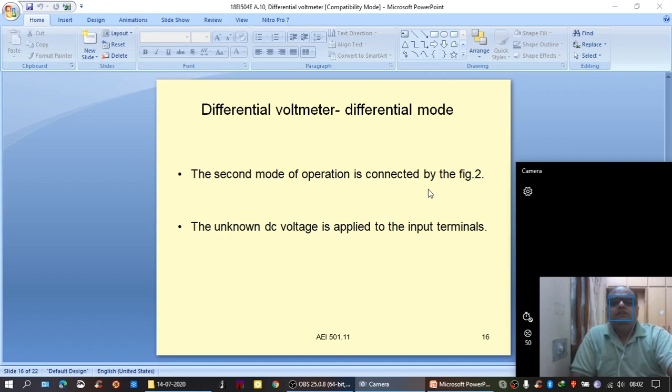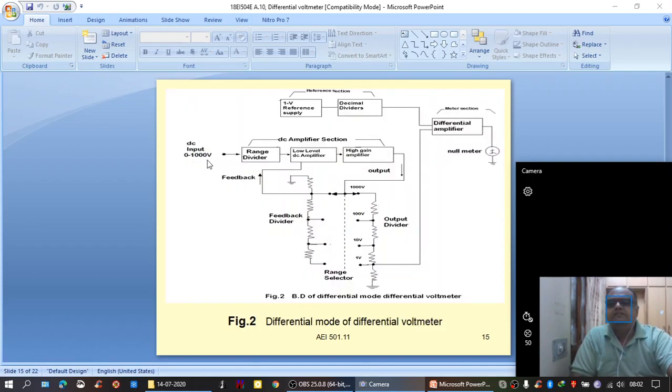The second mode of operation is connected by figure 2. The unknown DC voltage is applied to the input terminals, that is here.